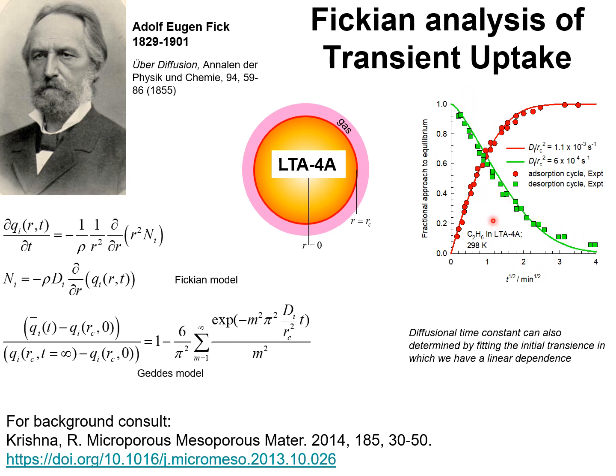If we do that, we can determine that for describing the transient adsorption kinetics, the Fickian diffusivity divided by the square of the crystallite radius is 1.1 times 10⁻³ per second.